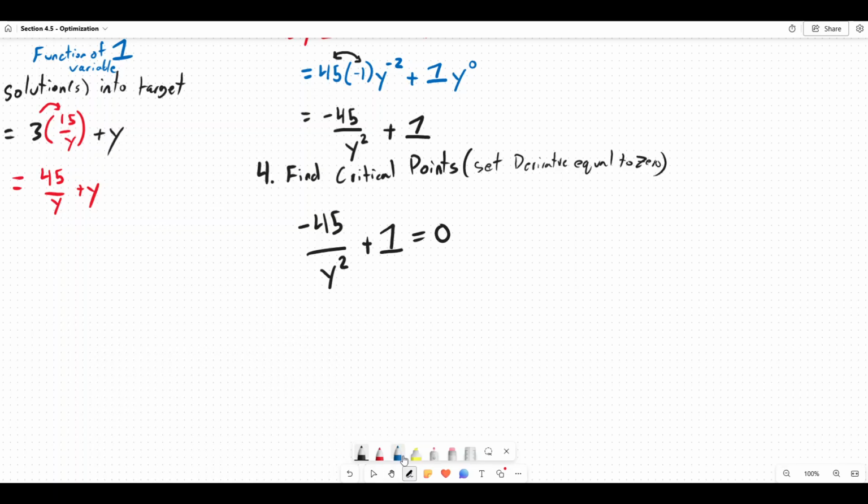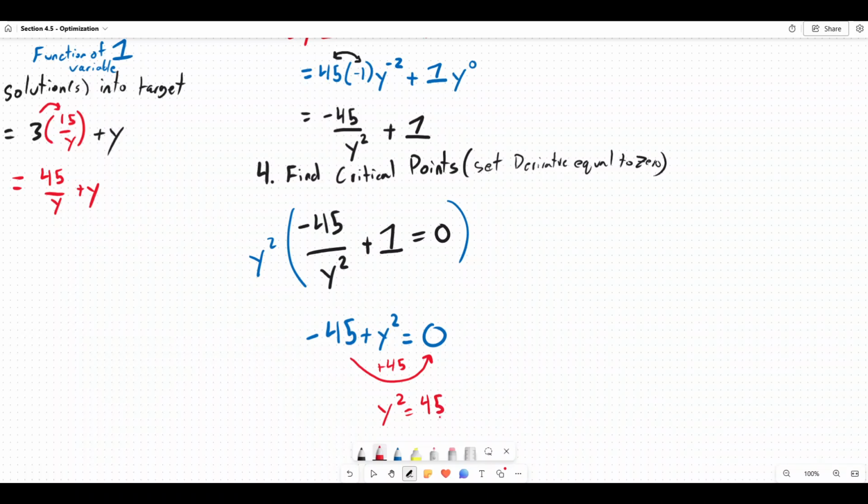How do we solve this? Well, one of the easiest ways is to multiply both sides by y squared. You're going to get negative 45 plus y squared equals 0, and we can move that over by adding 45. Y squared equals 45.